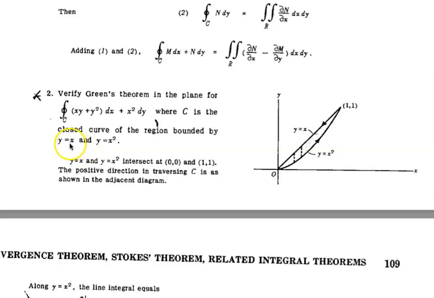The slope is 1, and the y-intercept is 0. And this parabolic curve, y equal to x squared. And the curve is bound out to the point 1, 1, starting at the point 0, 0.